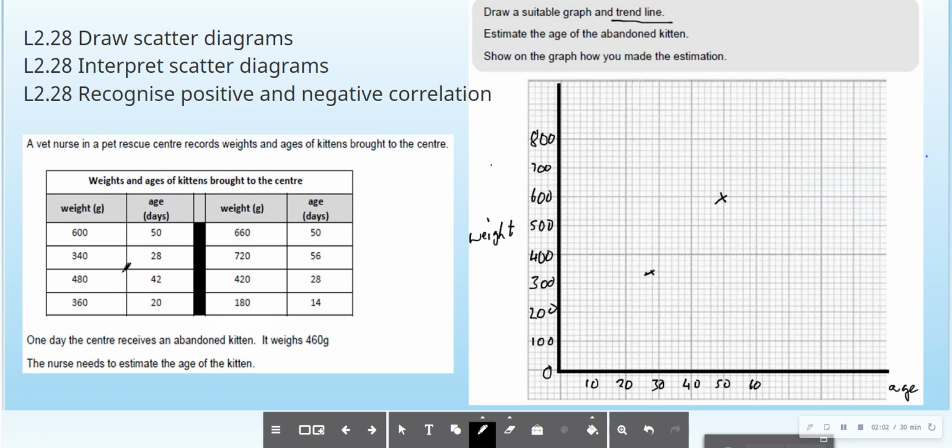Okay, a little bit time consuming. 480, 42. 360, 20. 660, and 50, so 6, 20, 40, 60, and then 50 over here. 720 and 56.